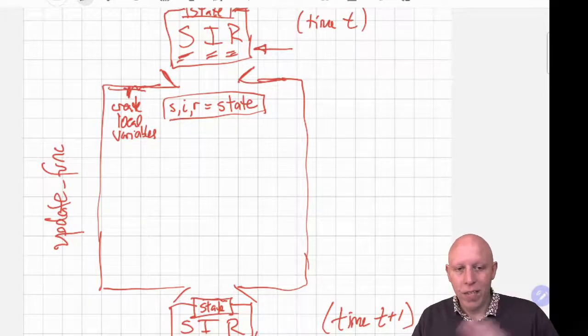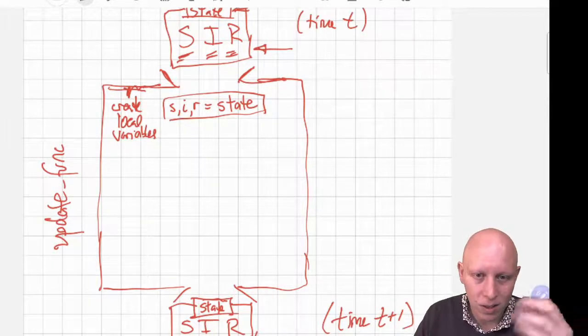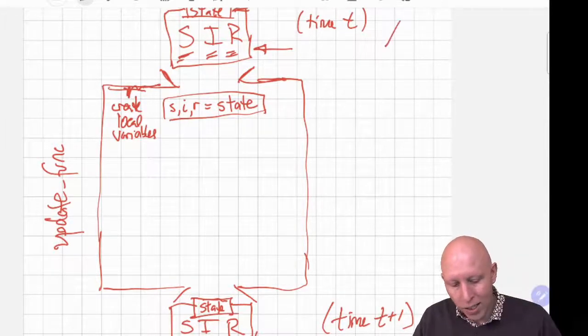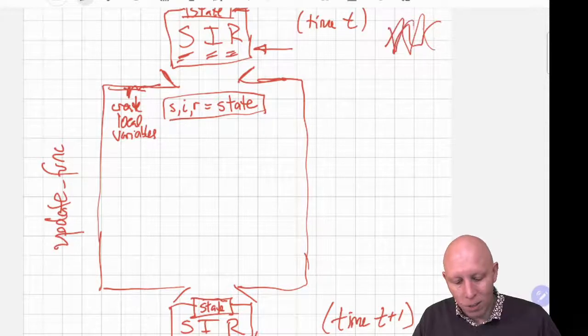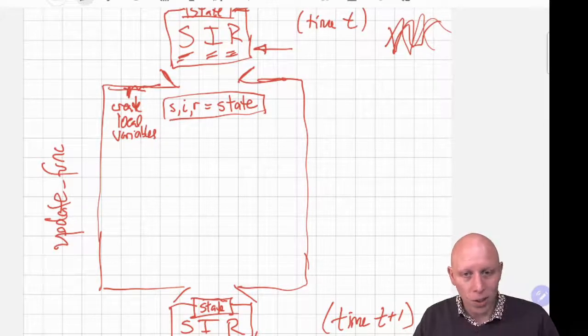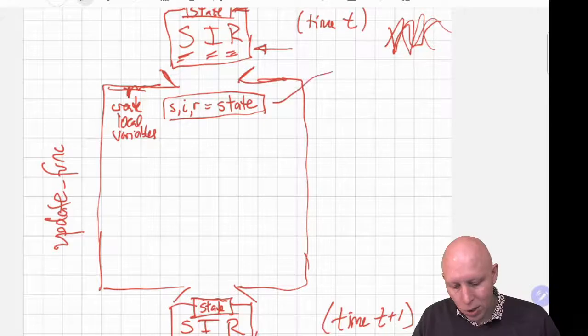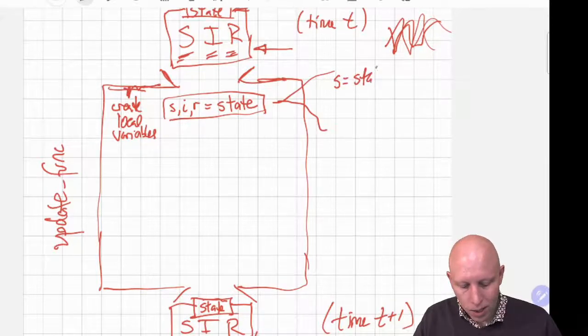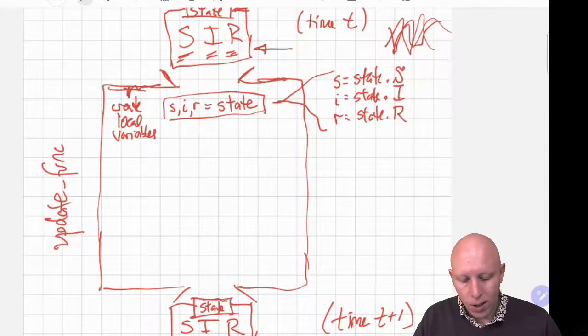If the code gives you really wacky results where the S and I and R are all bouncing around a super large amount, then you'll need to replace this code by s is equal to state.S, i is equal to state.I, and r is equal to state.R.